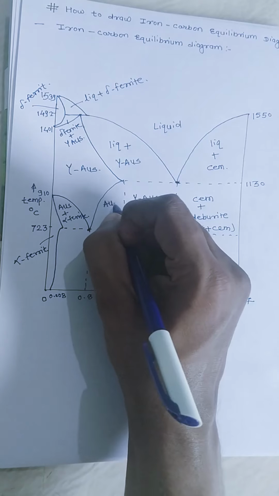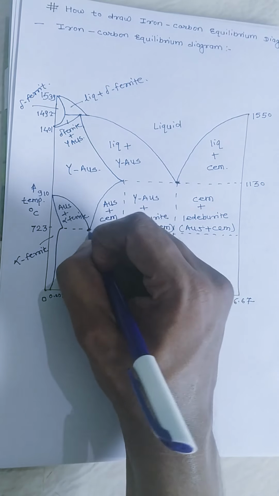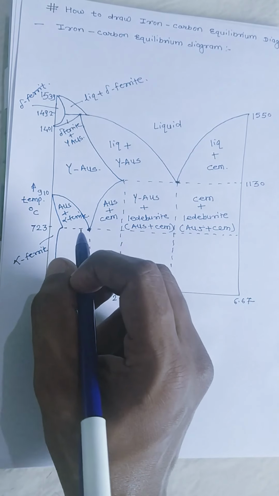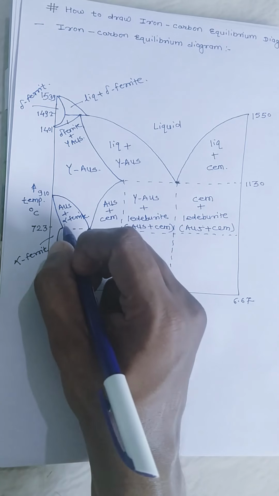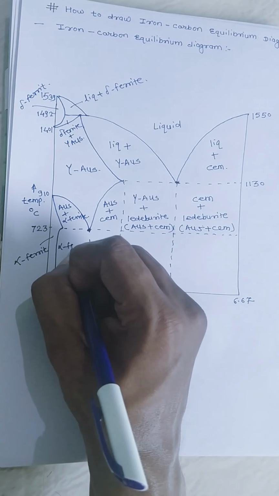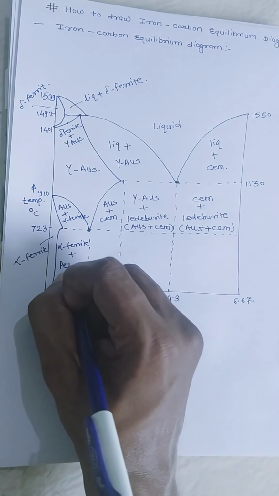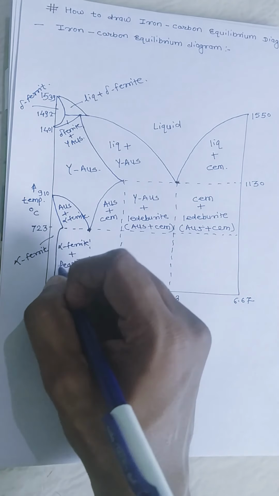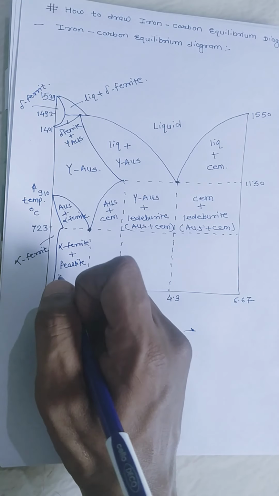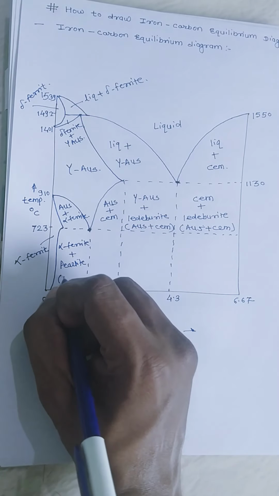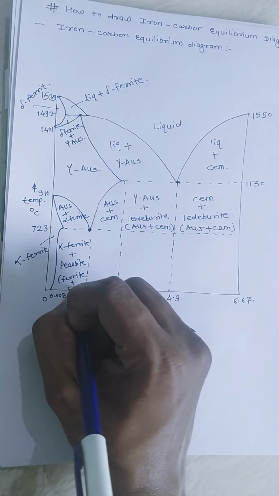After that, here austenite plus cementite. Which reaction is carried out here? Eutectoid reaction is carried out. For this, the austenite gets converted into pearlite, meaning alpha ferrite as it is plus pearlite, which means alternate layers of ferrite and cementite plus cementite.